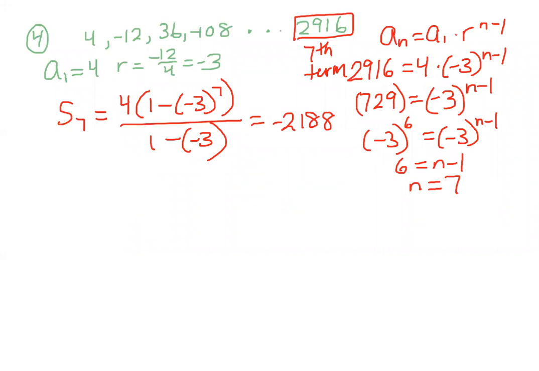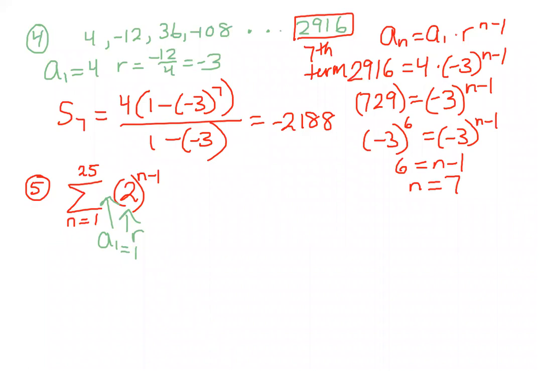All right, let's look at some summation notation. If we have the sum of n goes from 1 to 25 of 2 to the n minus 1. All right, this is R, and whatever number is right here is A1. Since there isn't a number there, that tells us that A1 equals 1.